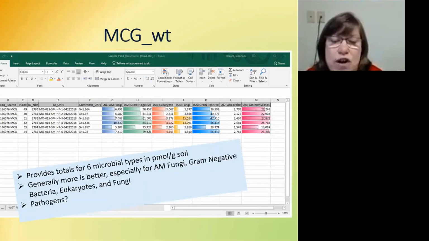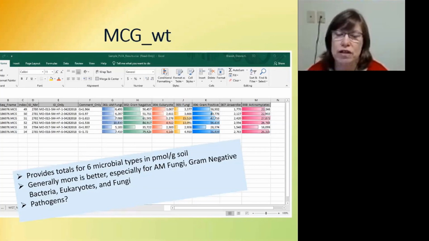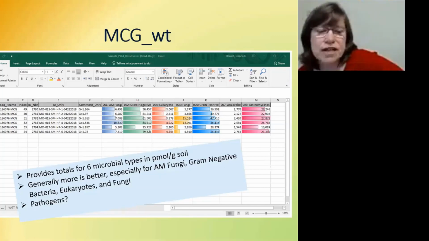Okay, so this is where we give all the different microbial groups in the units of picomoles per gram of soil, and this is probably the second or third most highly used piece of information.